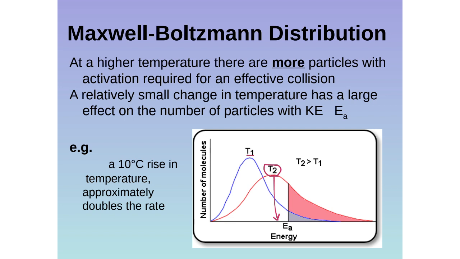We notice that the whole curve has shifted. If this is the EA barrier right here, a whole lot more molecules now have sufficient activation energy in order to keep the reaction going. Initially, it was just this little amount right here that had sufficient activation energy.